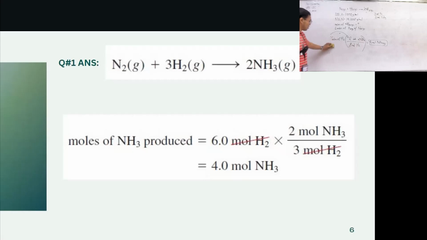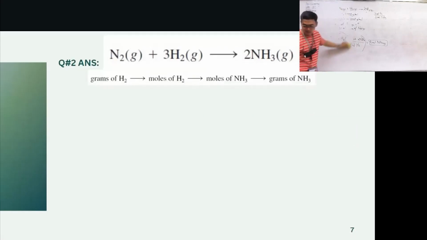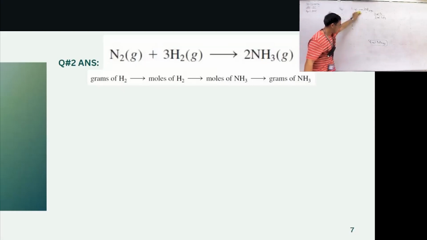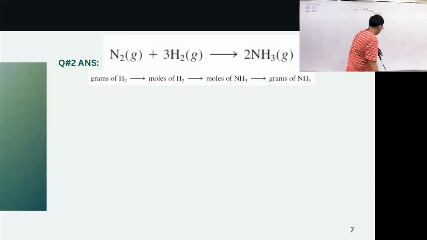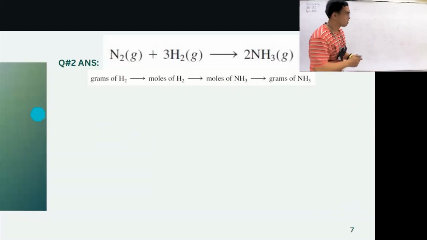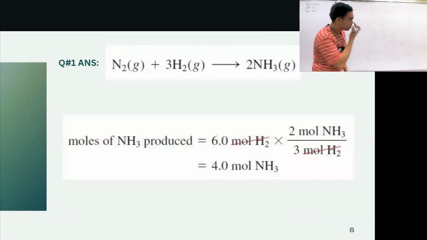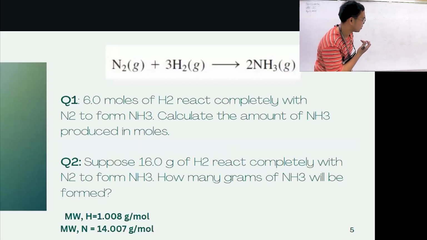So for question number 2, flash po muna natin sa screen. Ang gusto natin makuha from your given, ilang grams po yung given ni hydrogen? Pwede po ba, ibalik po natin. Hindi po kasi siya kita dyan. So for question 2. Sige po, back pa po.